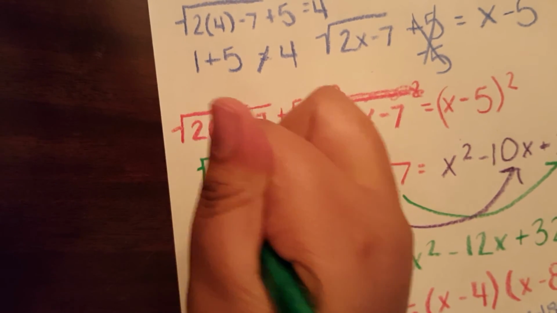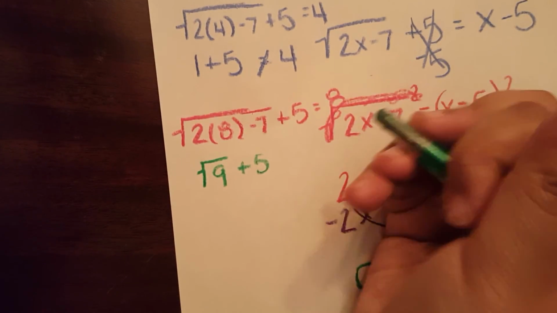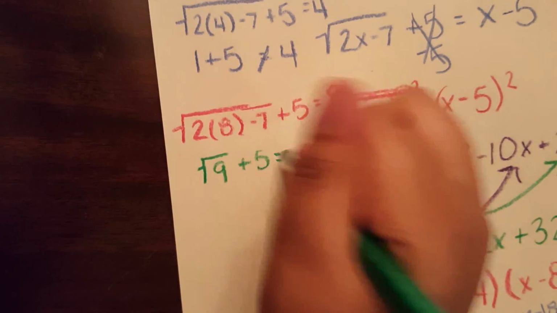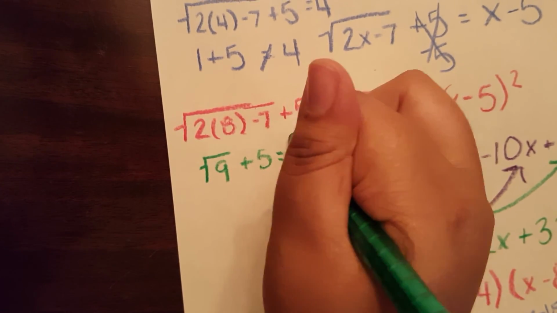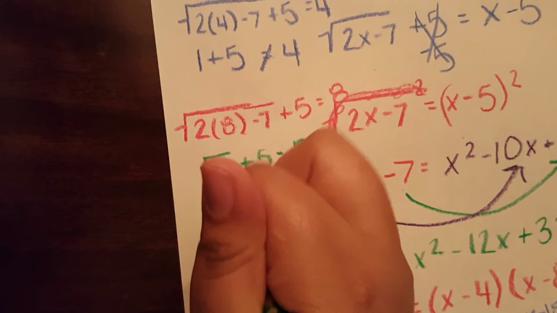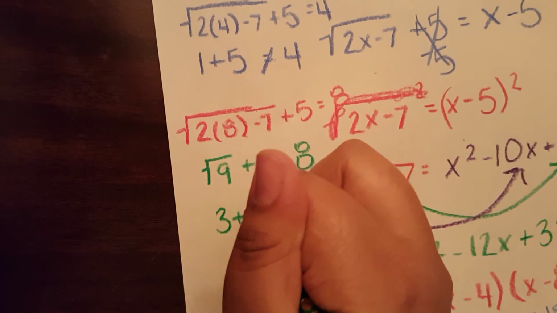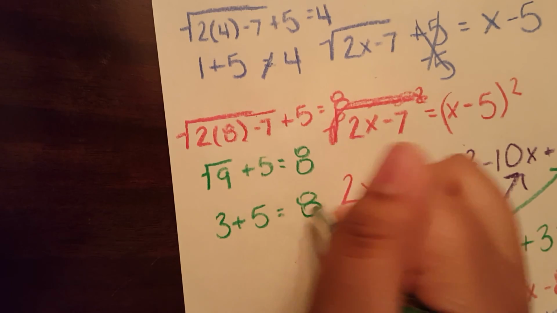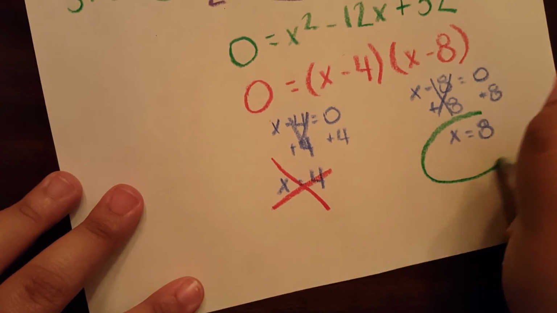So you get the square root of 9 plus 5 equals 8. Because when you reduce the square root of 9, it is 3. And that comes down, so it's 8. So the correct answer is x equals 8.